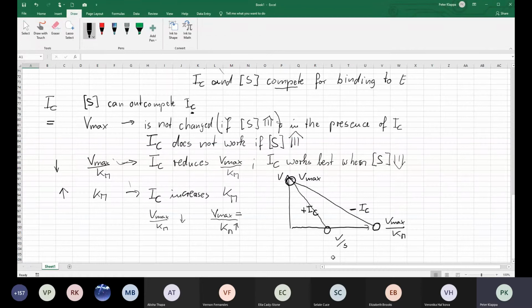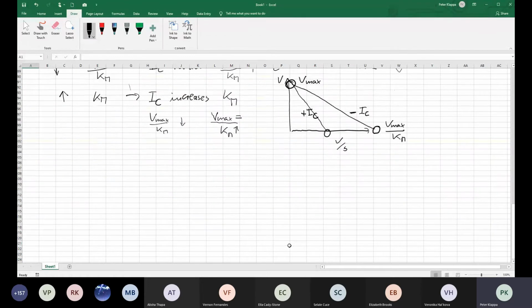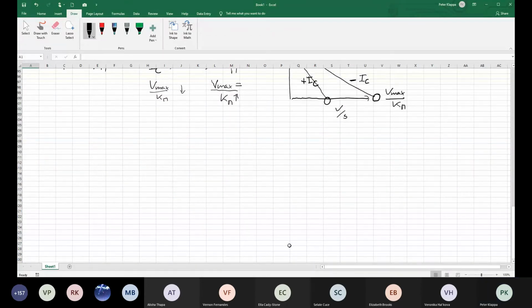Now, how does a competitive inhibitor actually work? So what are the mechanisms? And you notice I put it in plural, mechanisms of IC. There are two ways a competitive inhibitor works. And at school, you are only taught one of them.